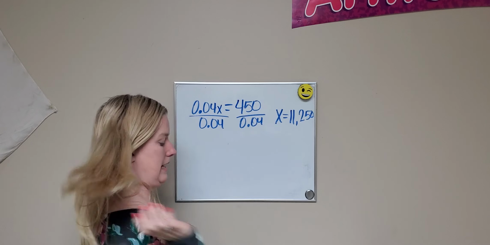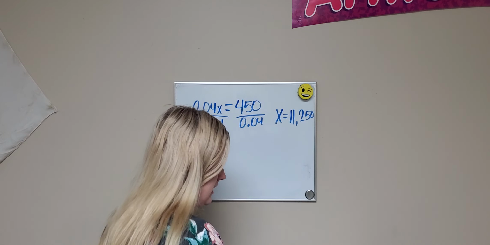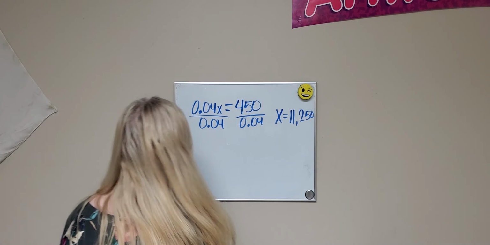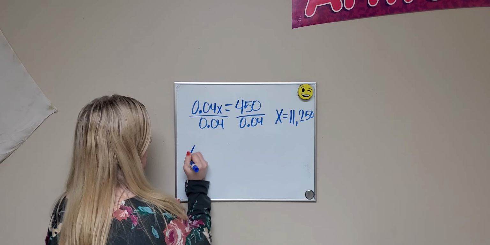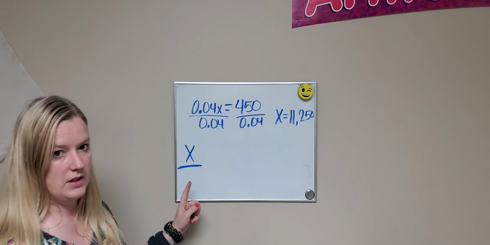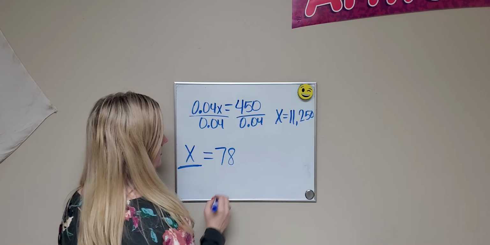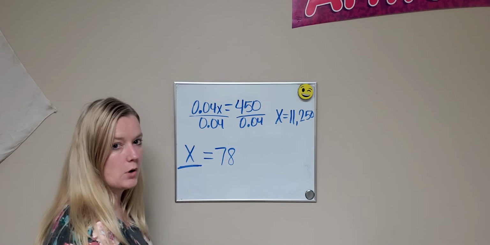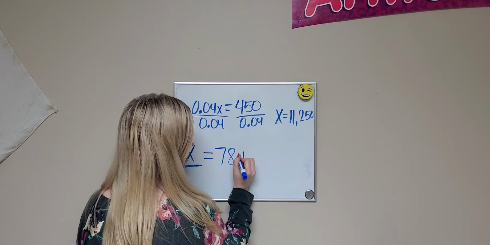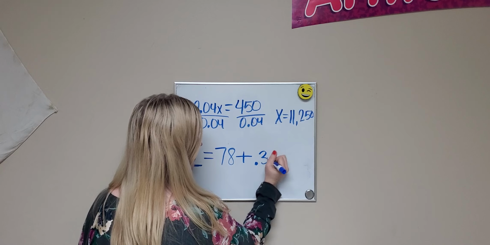So number 10 says, at what price must a dealer sell a chair that costs $78 to make a 35% profit? Okay, so how much is he going to sell it for? What is the cost that he's going to sell something for if he bought it for $78 and he's going to mark it up 35%? 78 plus 35%, which is 0.35.